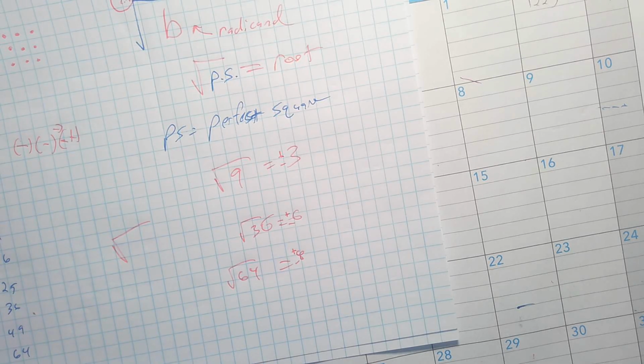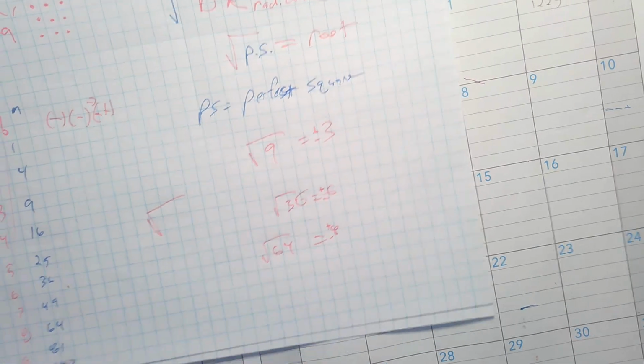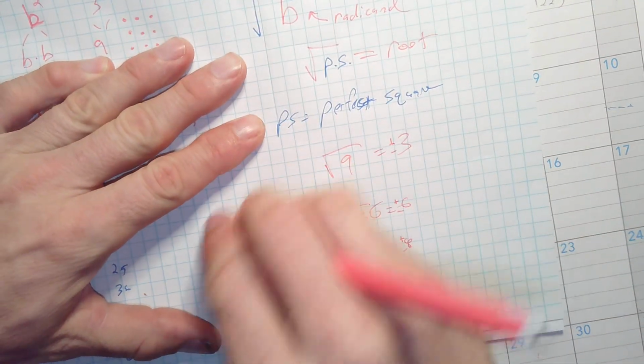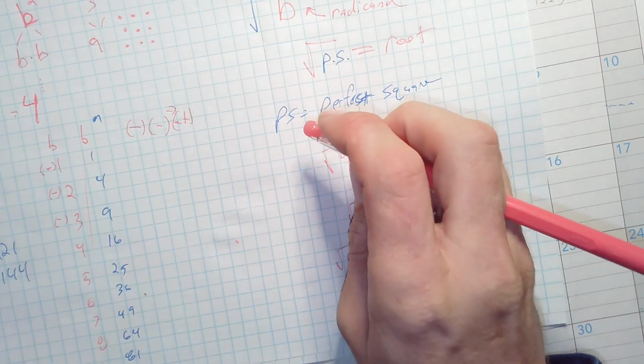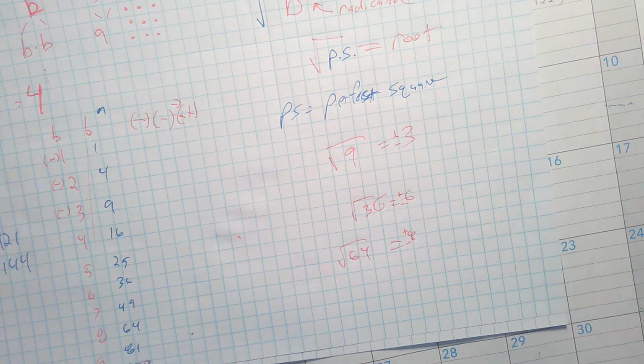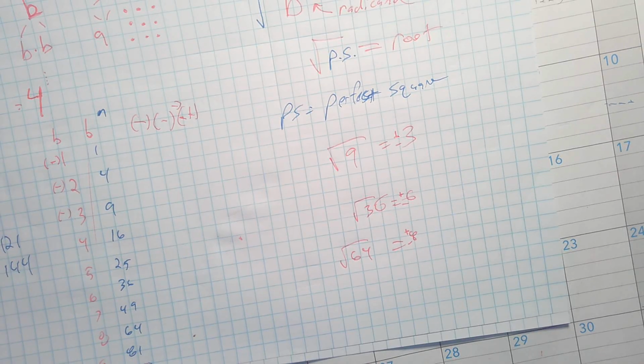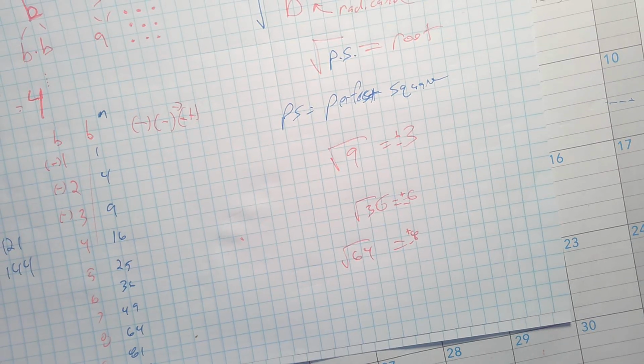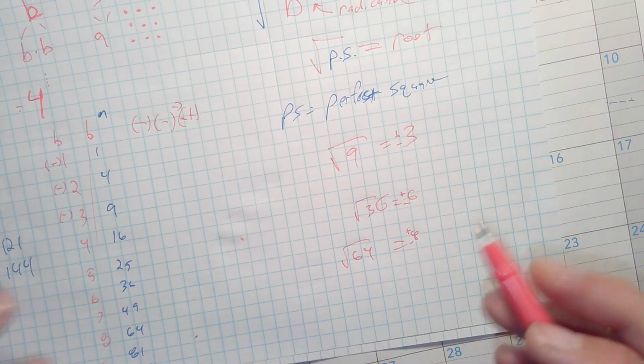How about this? Another way to break these down, if you didn't memorize all this, or say you had something higher than what you memorized. How about 256?